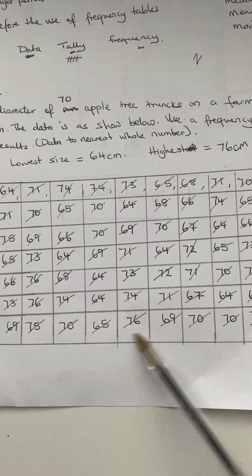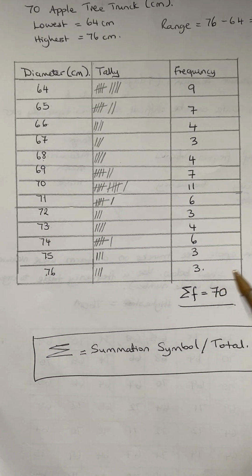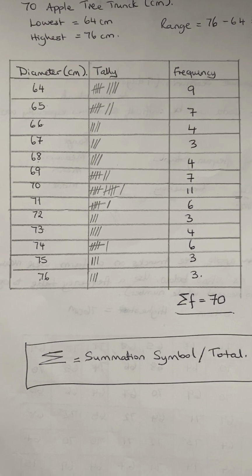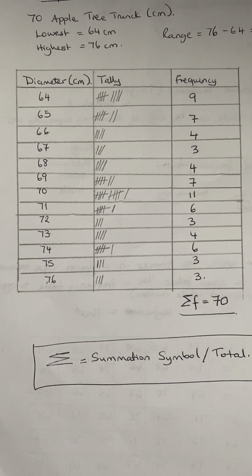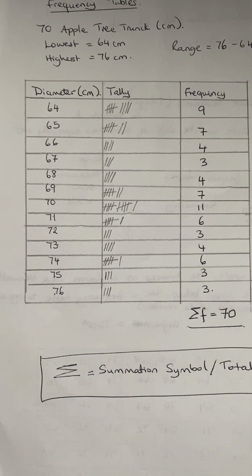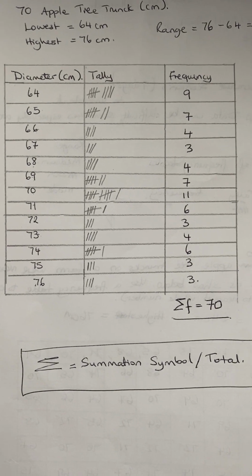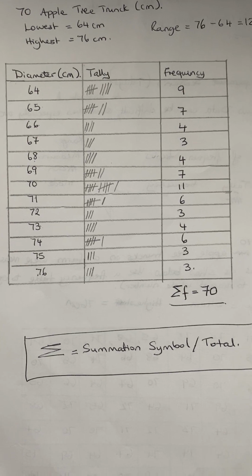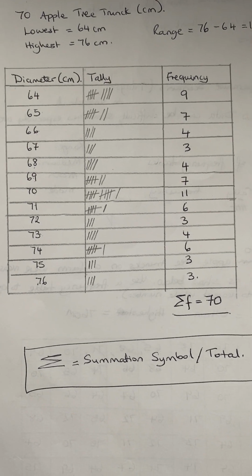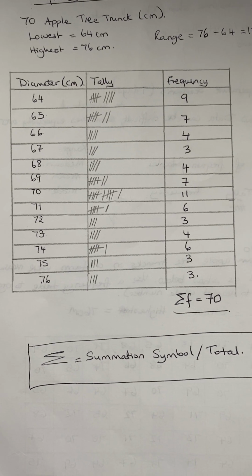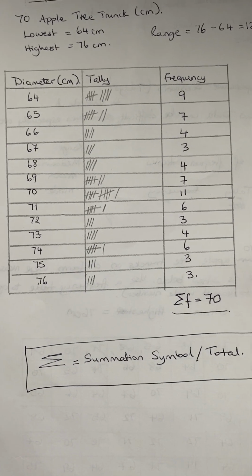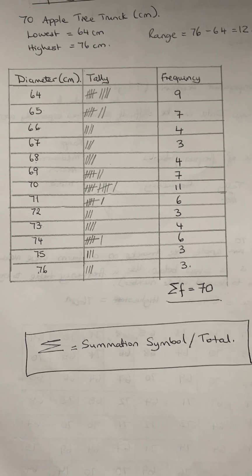After doing that, you realize that you missed something, and then you spend extra time on a question that is very easy to get the marks. So just keep calm and use a frequency table and get it right first time.